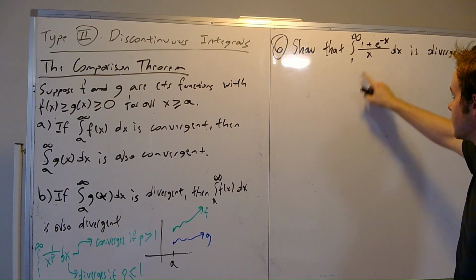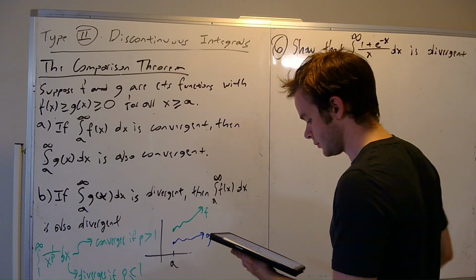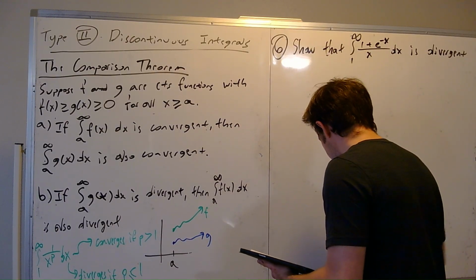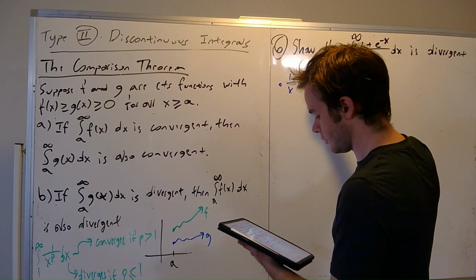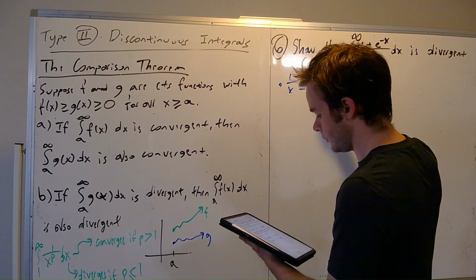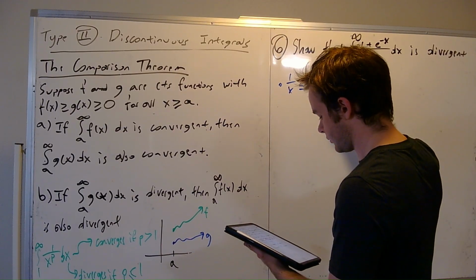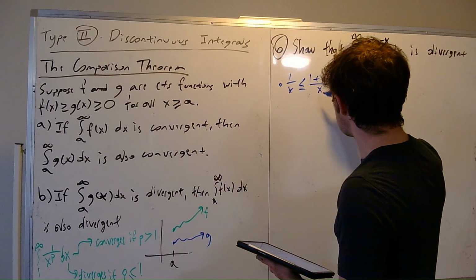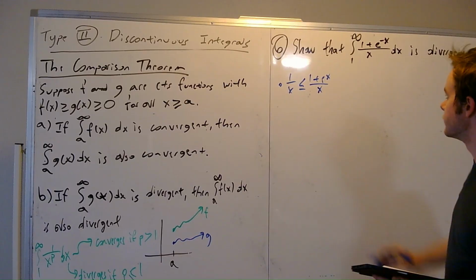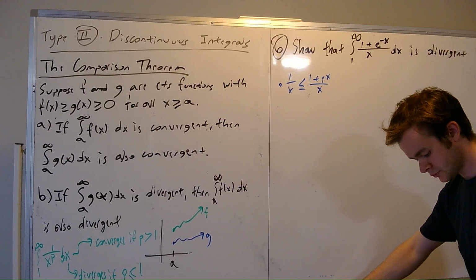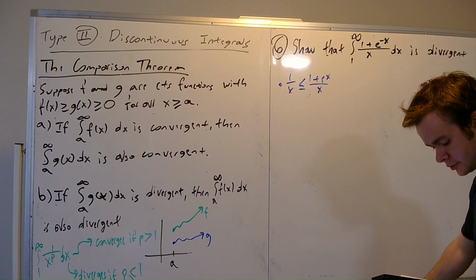So looking at this, if we just go ahead and say, well, 1 over x is less than or equal to (1 + e^(-x))/x. We're trying to look for a function that's less than, so this is 1 over x. That function is indeed less than our original function.